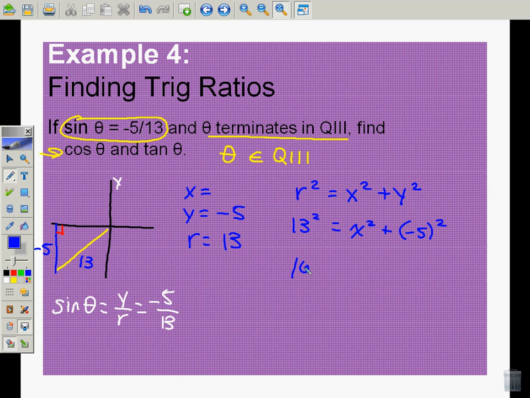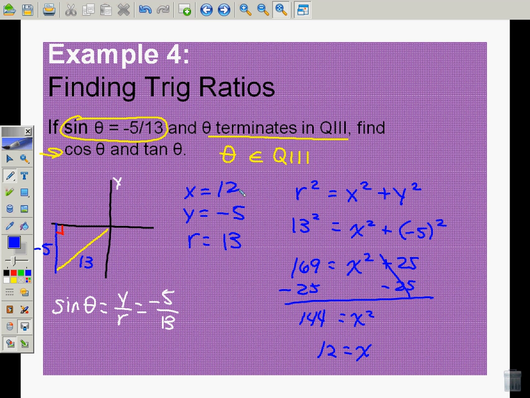Simplify. 169 is equal to x squared plus 25. Now we're simply solving an equation that's pretty easy. And so if I subtract 25 from both sides, with the goal to get x by itself, I've got x squared is equal to 144. And we of course know that 12 would be equal to x. So what I've got here is my x is equal to 12.